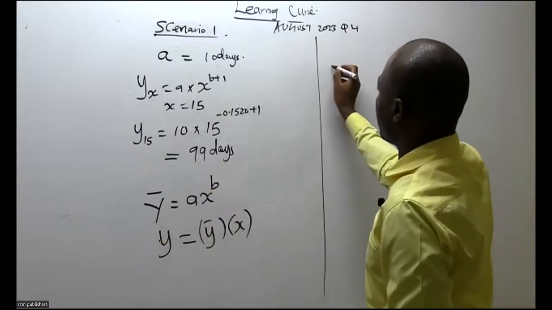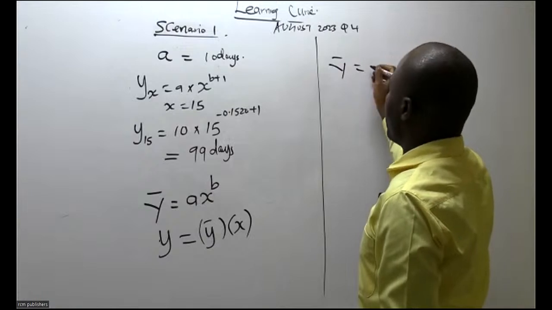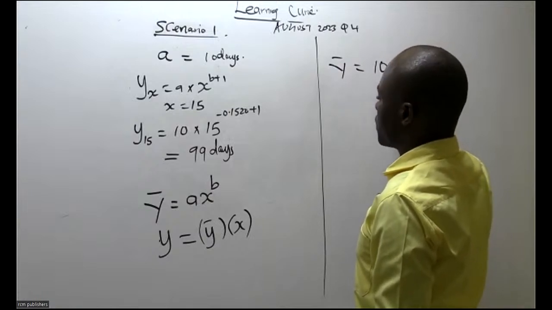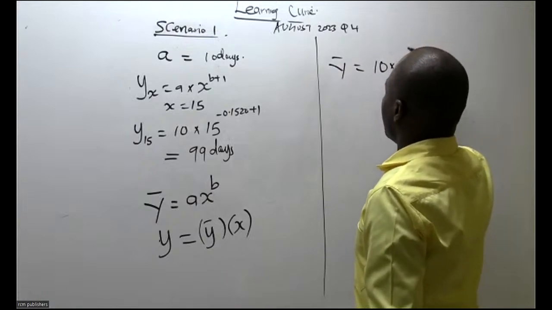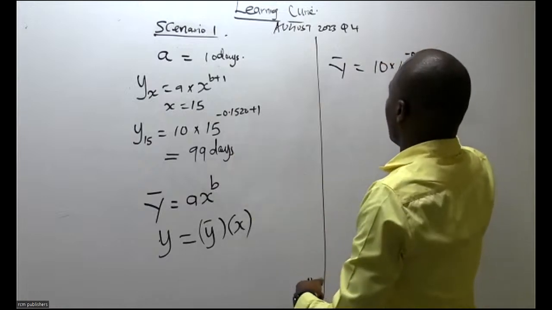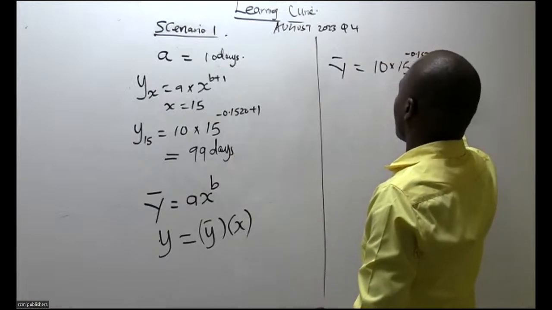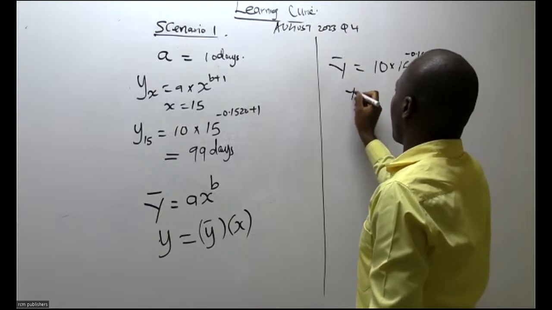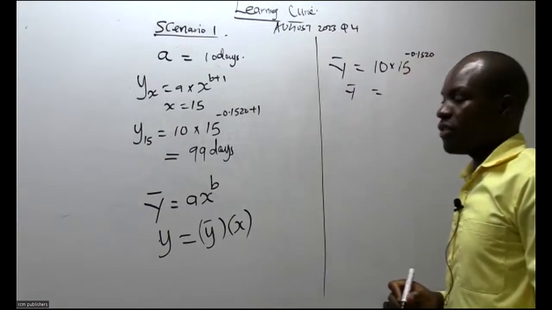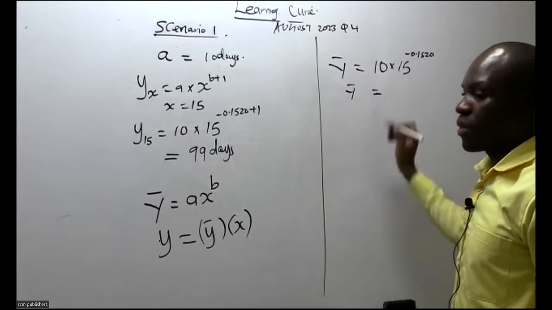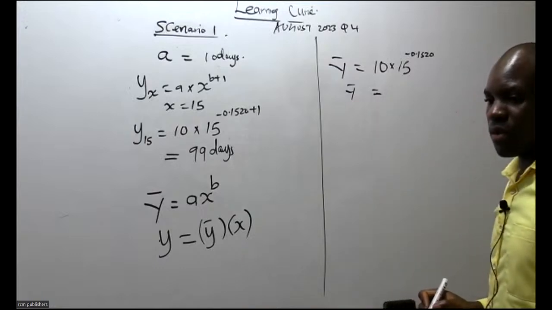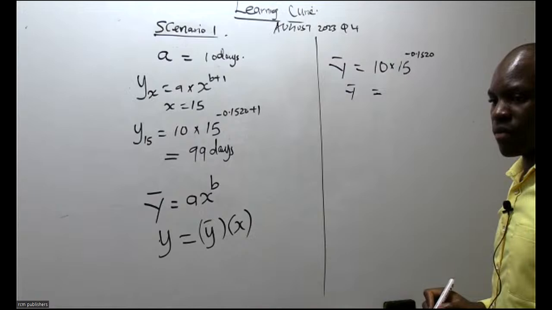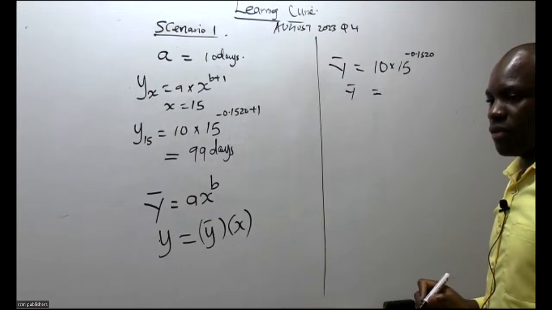Let's get the average first. The average will be A, which is 10 times X, which is 15, raised power negative 0.1520. Unapata ngapi hiyo average?